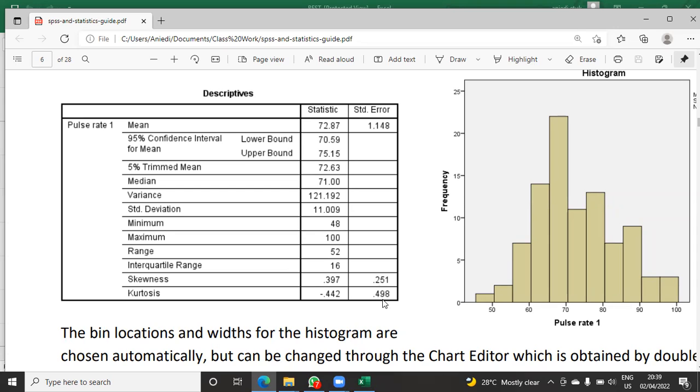They don't go down. So it is not a normal distribution going by this presentation, because for it to be normal, the skewness must be closer to 0.5. You understand? And the kurtosis must be closer to 0.